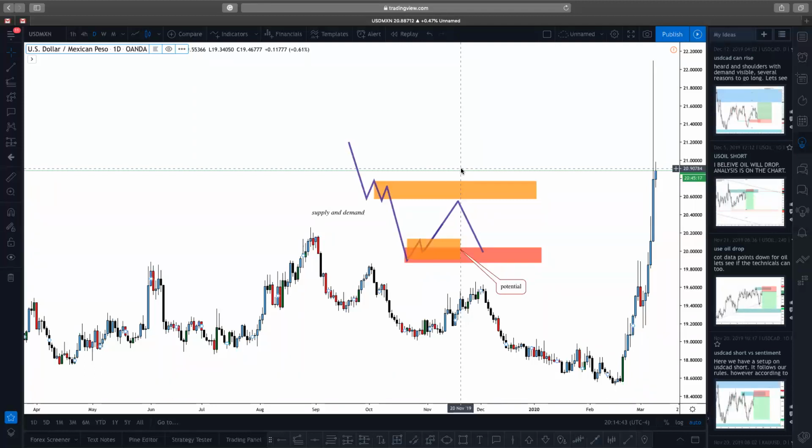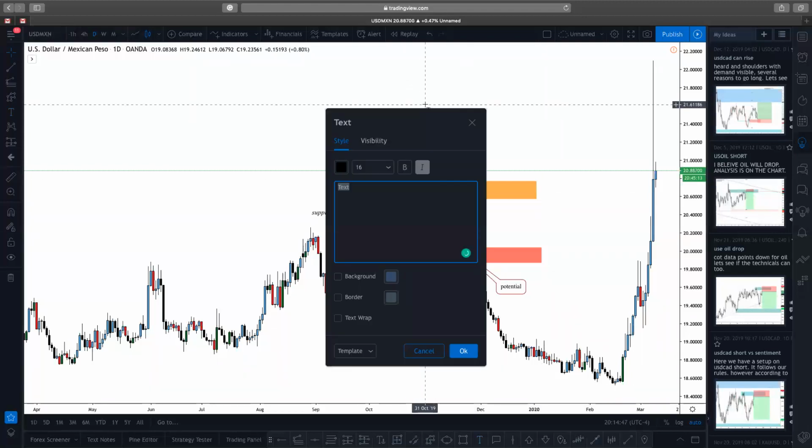So it's a simple rule, right? So let me write it out. For supply or demand to be valid, one of the zones must remove an opposing zone, right?